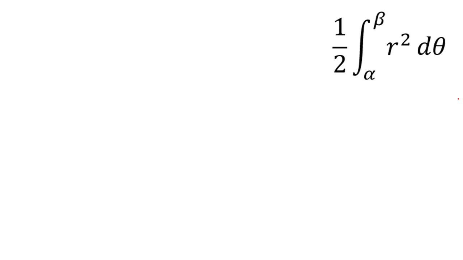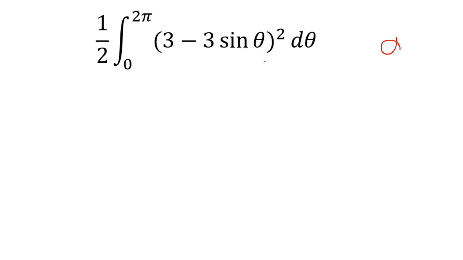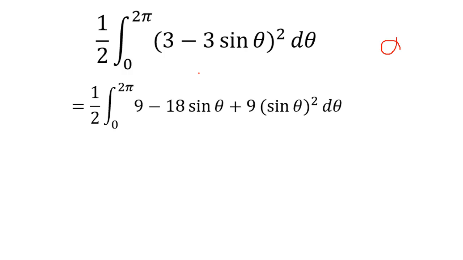First, let's remember the equation: 1/2 the integral from alpha to beta of r squared d theta. Let's replace r with the equation, which is 3 minus 3 sine theta, and then we just simplify it. There are two ways to do it.